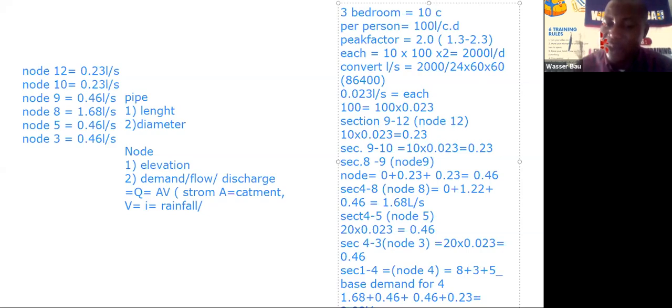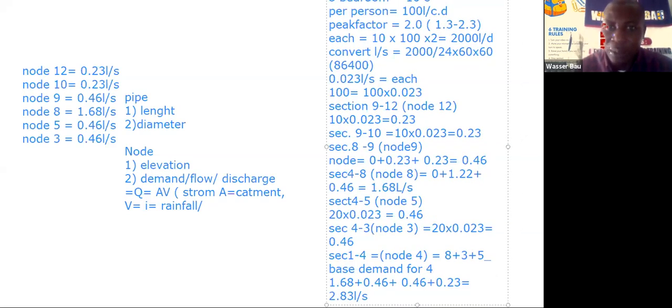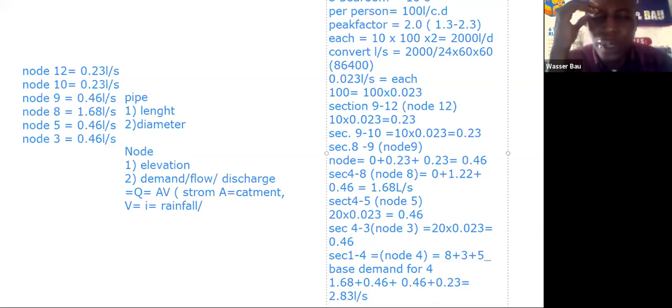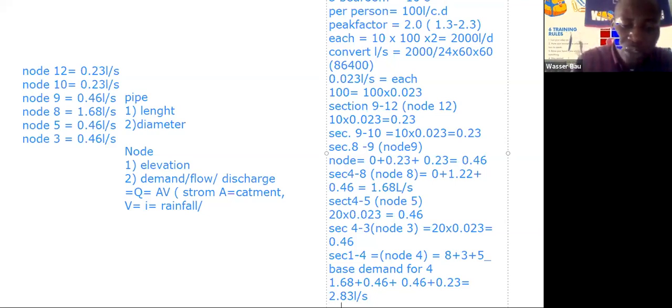If you look at 5 houses, it's going to be half of what we've been getting for 10 houses, definitely. So here now, what section are we talking about?